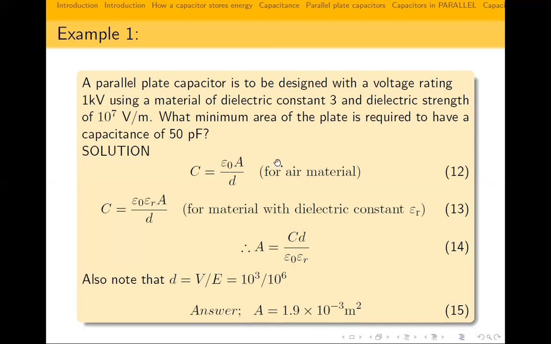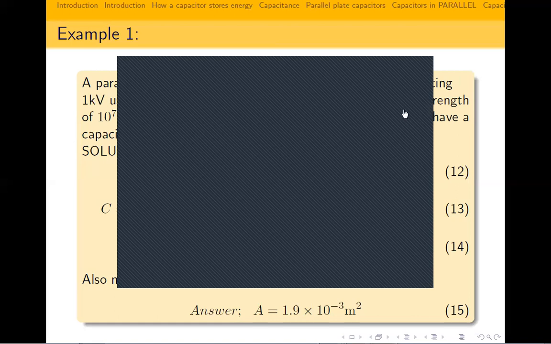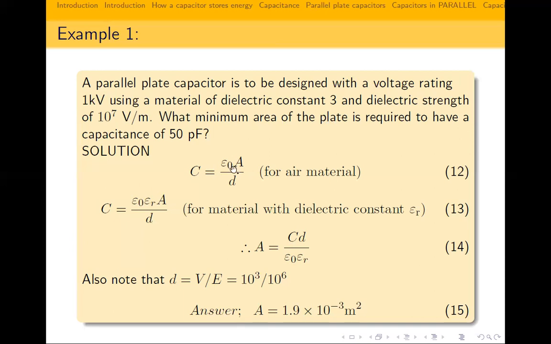But if you read this question keenly, we have been told that there is a material between the plates, and therefore we have been given the dielectric constant or the relative permittivity. So epsilon naught times epsilon r will give you the permittivity of the material. We have to use epsilon r because that is what we have been given in the question. So equation number 13 is important.